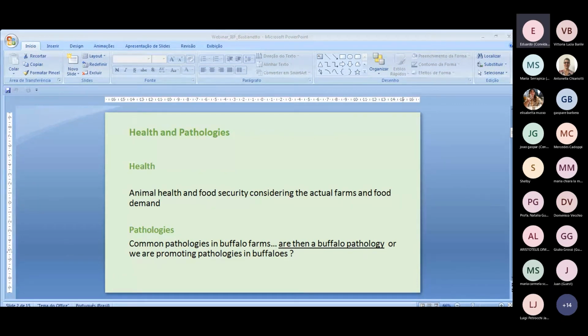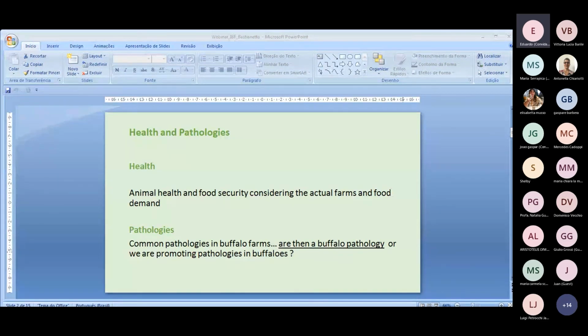We would make some few considerations about health and pathologies, because in my opinion, we need to consider animal health and food security, taking into account the actual types of farms, different farms in the world, and the food demand in the world, because you cannot just talk about pathologies or animal health without caring about the type of farms and the type of breed we have today.